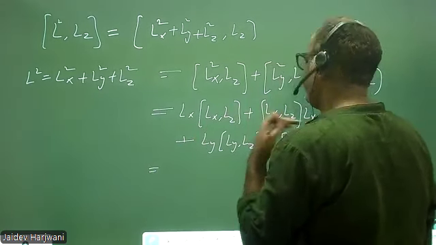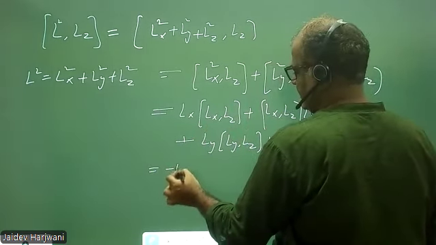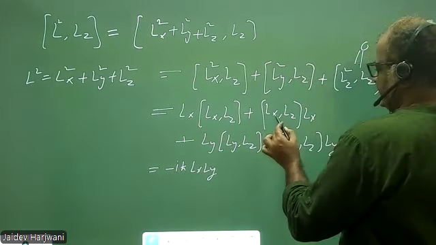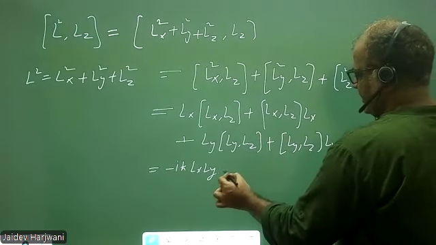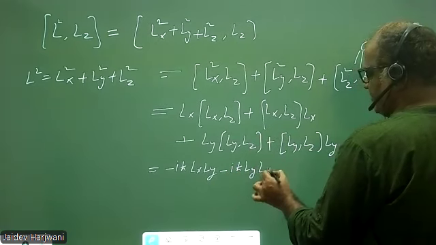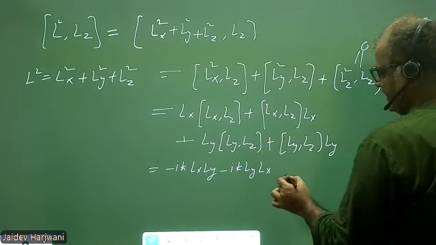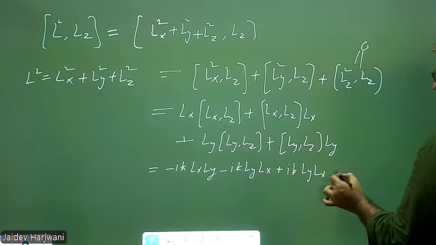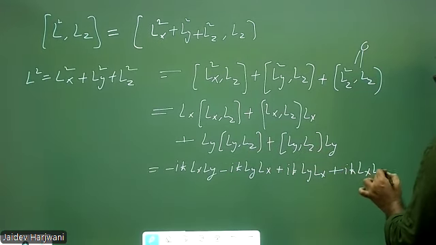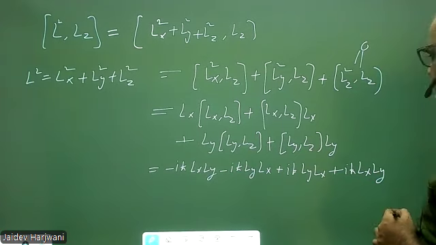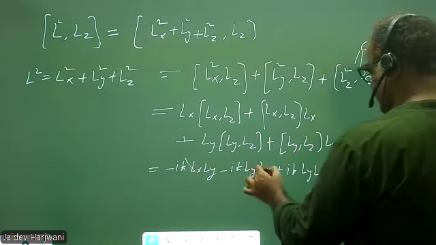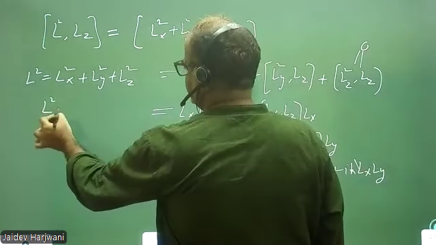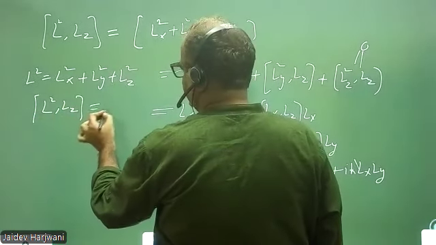So [Lx, Lz] will give you minus iota h cross Ly. So this comes Lx, minus iota h cross Ly, and then you have minus iota h cross Ly Lx. [Ly, Lz] will give you Lx, so you get iota h cross Ly Lx. Again you get Lx, so iota h cross Lx Ly. So now you can see this cancels out and this cancels out, so you get 0. That means L square and Lz commute.